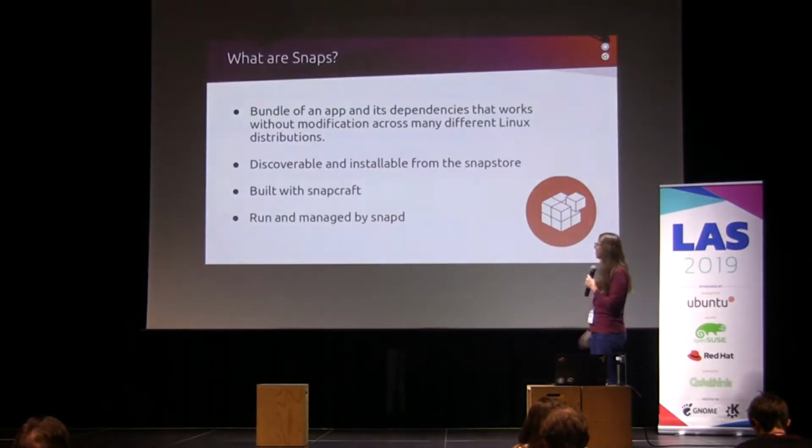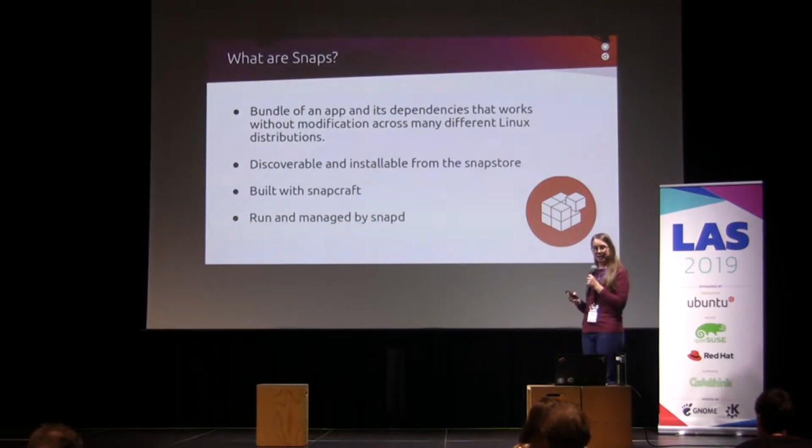What the heck are they? Snaps are simply a bundled app with its dependencies that will work across many different Linux distributions without modification. This is really handy if you have an application that depends on a newer library that your distro doesn't provide, or depends on an older library that's getting deprecated.